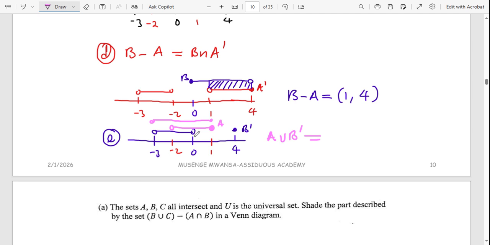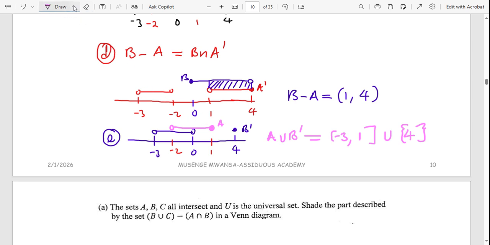Union means combine. Intersection means look for what is common. So in other words, for A union B complement, we will start from negative 3 all the way up to 1. And 1 is included in the set A. And then union, you also have a comma 4. This comma 4 here, remember it's union, but it's just an element alone, so you use a curly bracket. So union means combine.